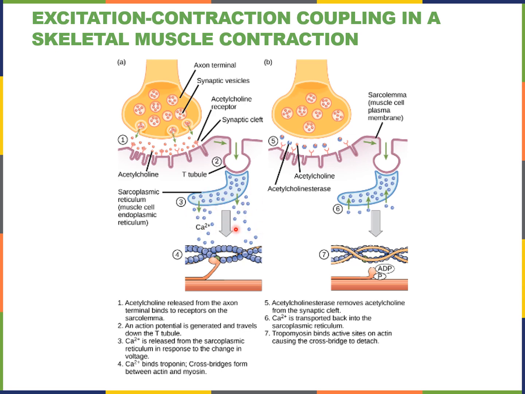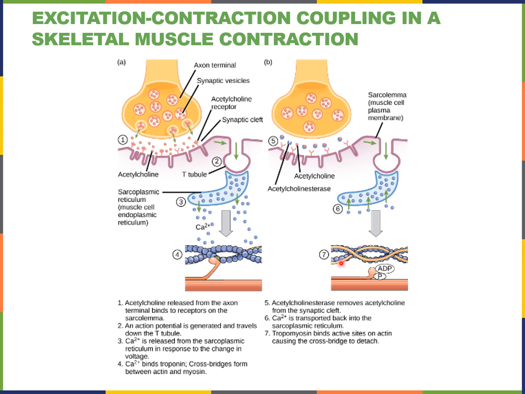Okay, so the calcium is going to be released from the sarcoplasmic reticulum in response to that change in voltage that we had up here with the acetylcholine. That calcium, again, is going to bind to the troponin, and that is going to release the tropomyosin so that the cross bridge can form between our actin, our thin filament, the blue one here, and our myosin, the pink one.